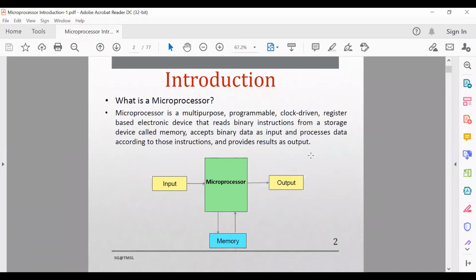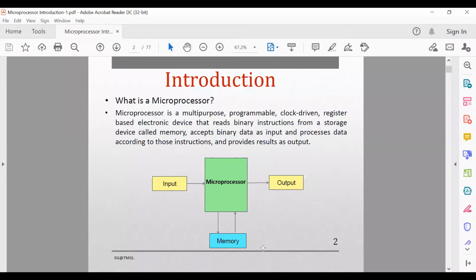Here only this microprocessor is an IC. This is called a microprocessor based system. Now this memory, this input and output are external to this microprocessor IC. These are external devices. Now when all of these full microprocessor based systems are situated on a single IC, that is called the microcontroller.